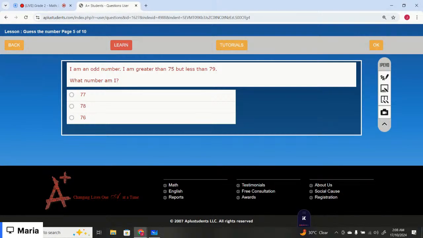I'm an odd number. I'm greater than 75 but less than 79. So which is the odd number that is greater than 75 and less than 79?